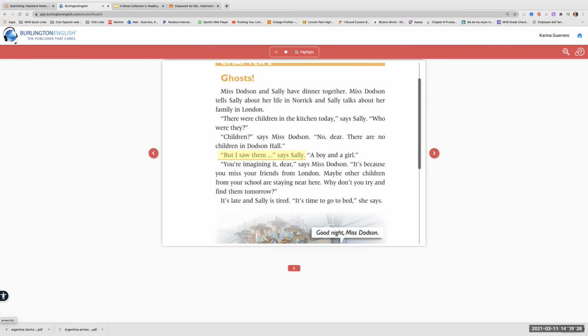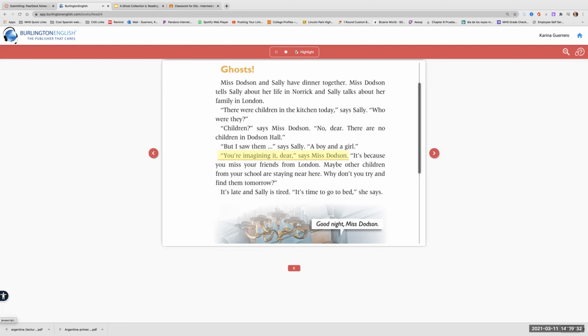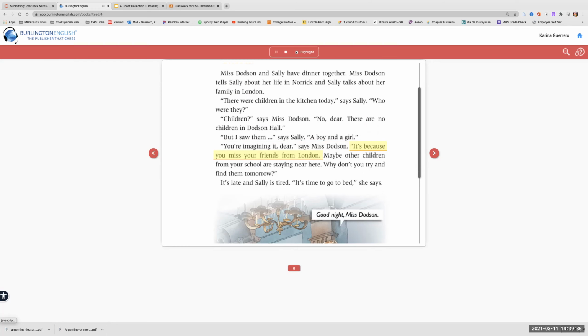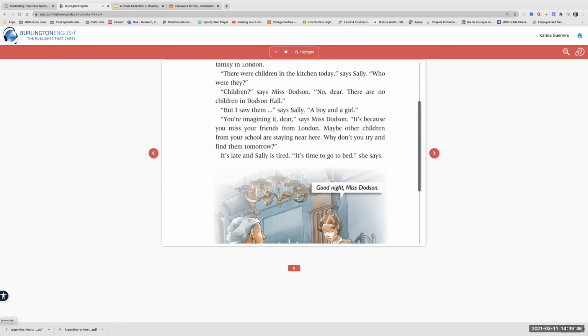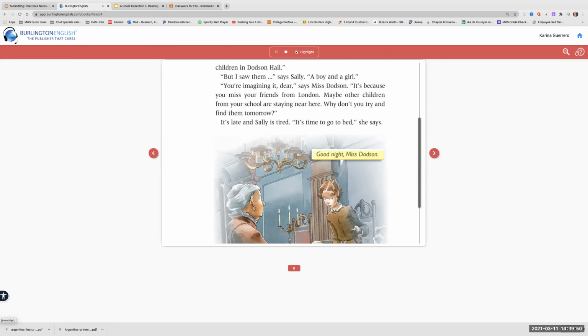But I saw them, says Sally. A boy and a girl. You're imagining it, dear, says Miss Dodson. It's because you miss your friends from London. Maybe other children from your school are staying near here. Why don't you try and find them tomorrow? It's late and Sally is tired. It's time to go to bed, she says. Good night, Miss Dodson.